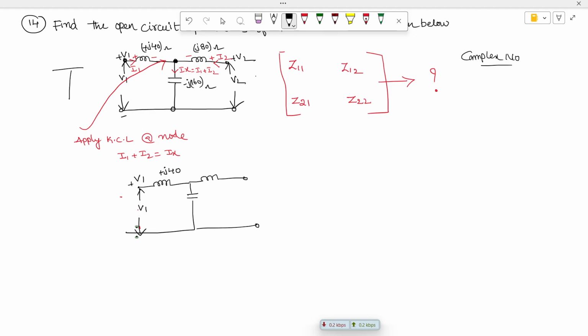This is J80 ohms. This is minus J160 ohms. So here the voltage is V2. So current is entering, this is I1, here I2, and current in this branch is I1 plus I2.